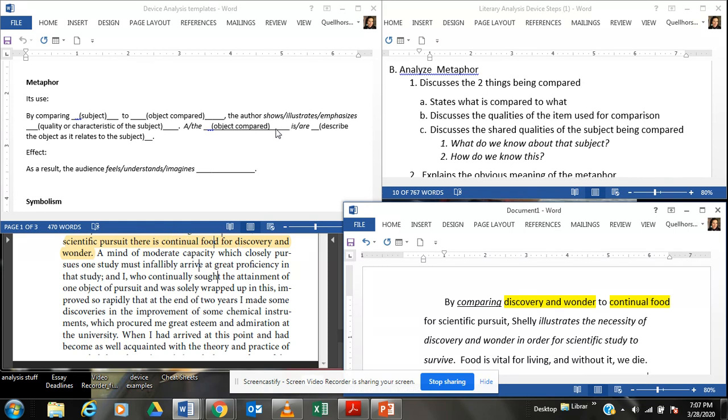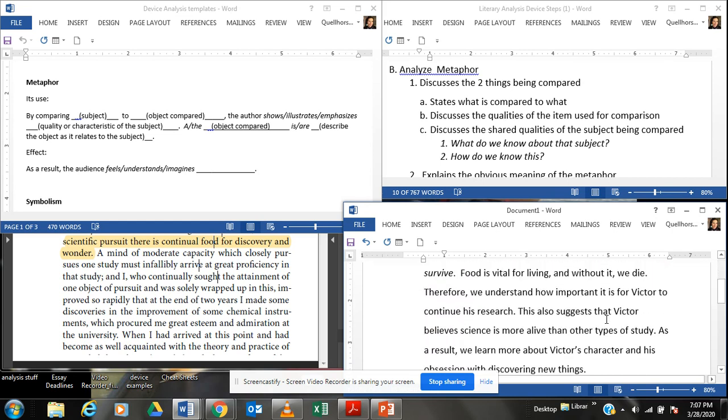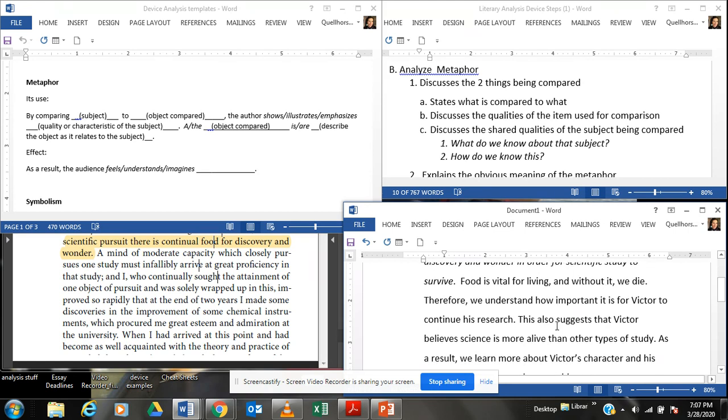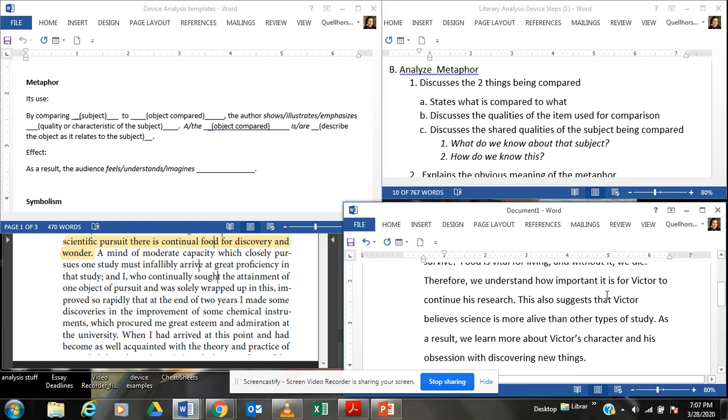Okay. Continual food is necessary for living. Okay. And that's why food is vital for living, and discovery is vital for scientific research to continue. Okay.